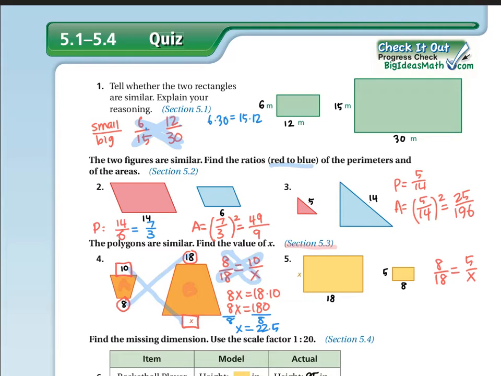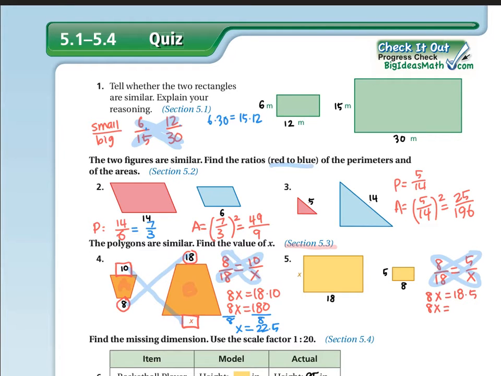And then for the second set, I am going to put 5 on the top and then x on the bottom. It's okay if you have these two fractions on the opposite side. So if you have 5 over x equals 8 over 18, you're still going to get the same answer. Now you're going to cross multiply and find out the answer for x, like this.